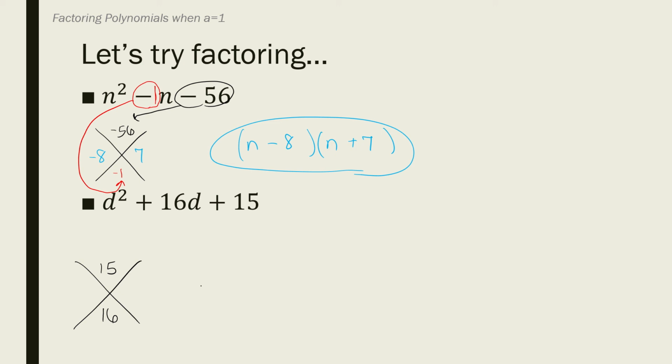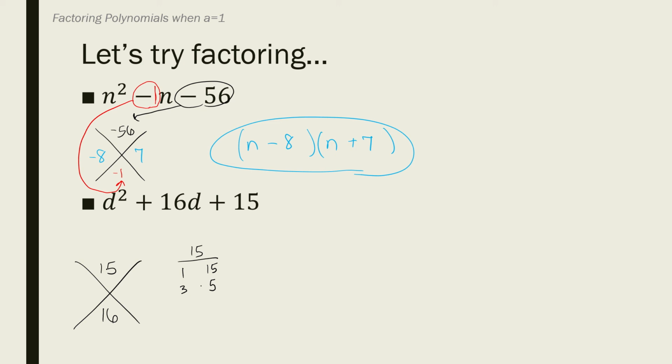And if your multiplication skills aren't quite as good, then you might need to actually write them down. So if I start with 15, I have 1 and 15, I have 3 and 5, and those are all the things that multiply to give me 15.